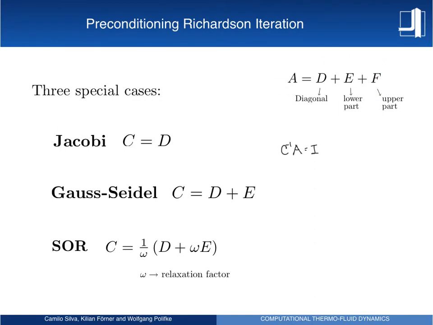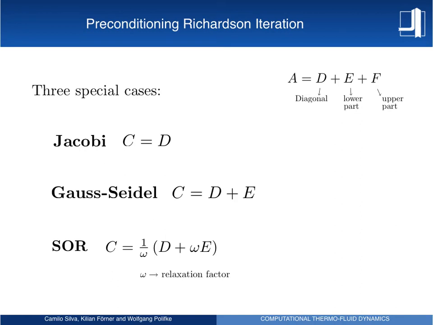The easy one is when we consider just the diagonal elements of A to compute the preconditioning matrix C. When we apply the Richardson iteration on this definition of the preconditioning matrix, so C is equal to D, this is going to be called the Jacobi iteration method.